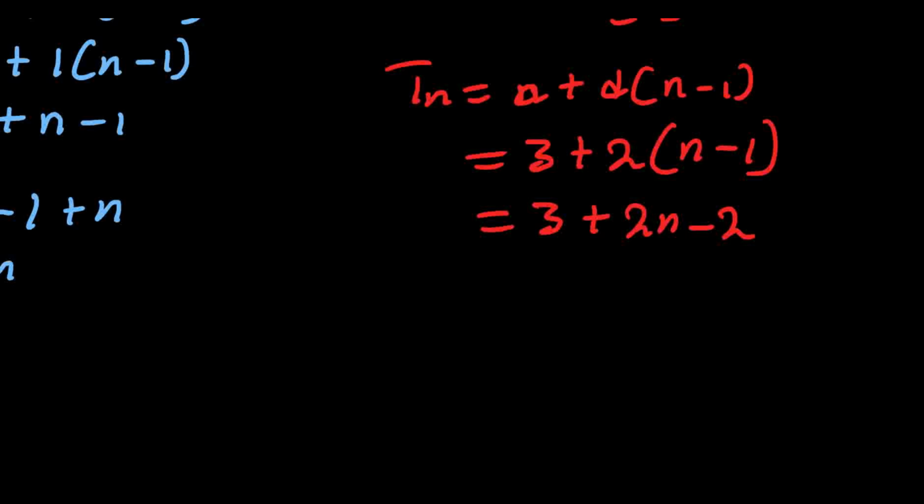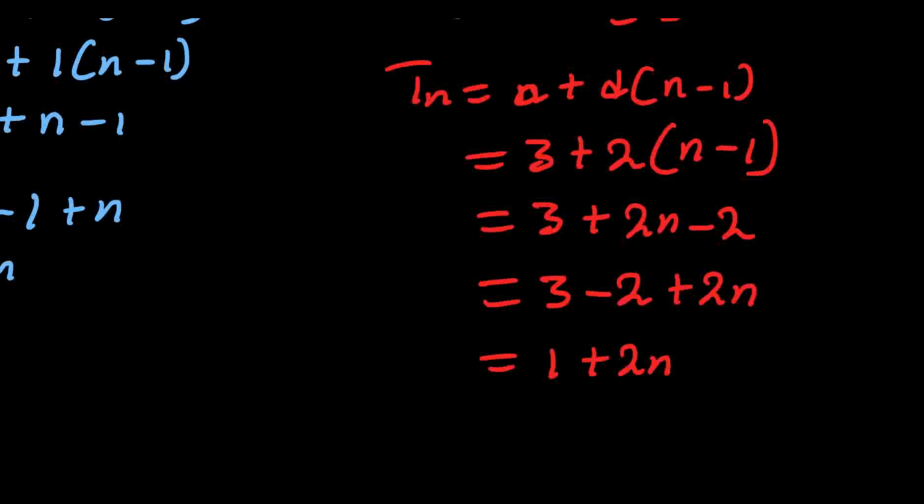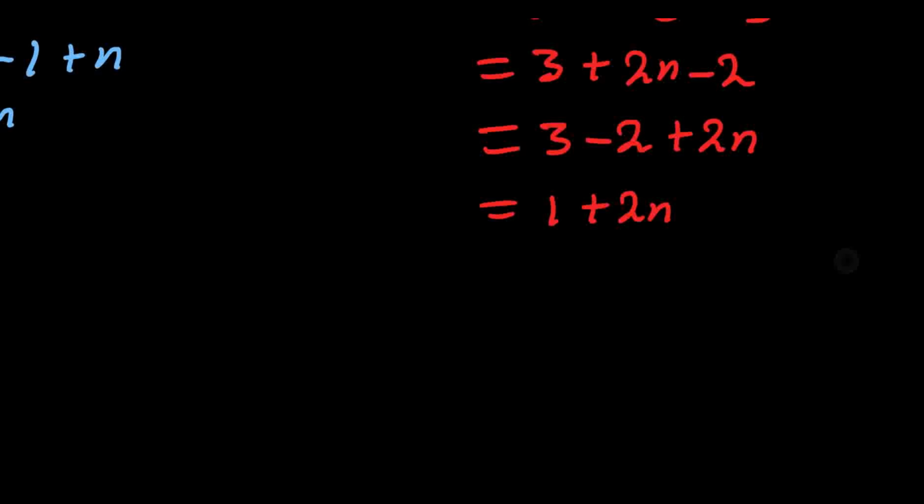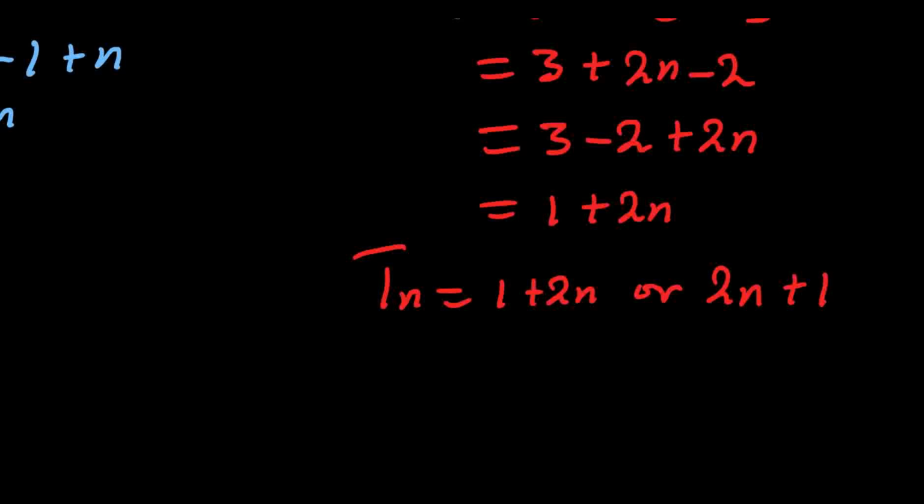So this is equal to 3 minus 2 plus 2n, equal to 1 plus 2n. So the nth term of the denominator, Tn, is equal to 1 plus 2n, or 2n plus 1.